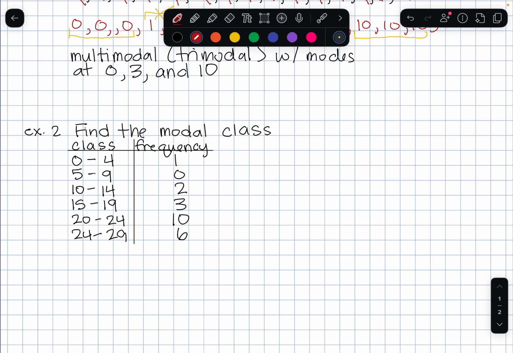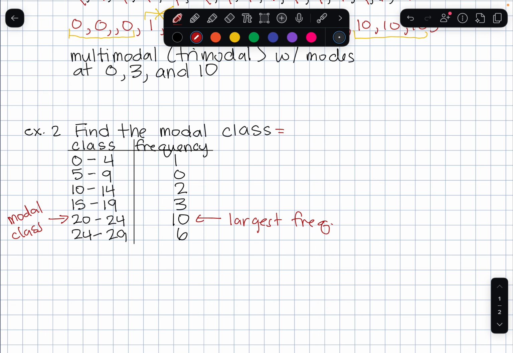From this example, I scan the frequency column, looking for the biggest number, and I see that biggest number is right here. That is my largest frequency, which means the class that goes with it, this one here, is my modal class.